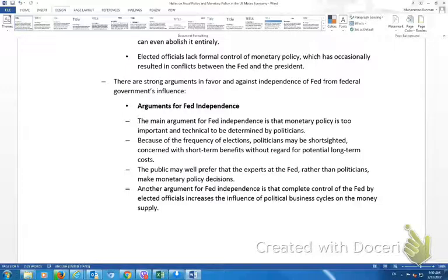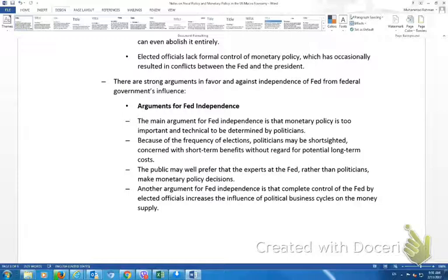So it is better that they do not interfere with monetary policy. Now, one could argue that the public might prefer the experts at the Fed, who are economists, finance people, and real-life empirical policymakers, rather than politicians, to make monetary policy decisions.